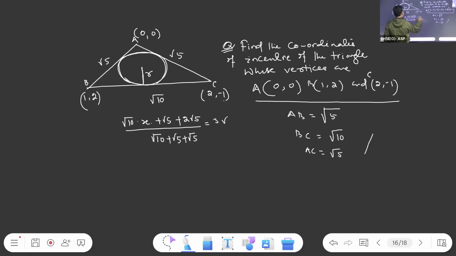This is equal to 3√5 divided by √10 plus 2√5. If you take √5 as common, it is √5 into (√2 plus 2). So √5 cancels. X coordinate is 3 upon 2 plus root 2. Similarly, you can calculate the Y coordinate. Did you understand? Subhranshu, did you understand where you made a mistake?